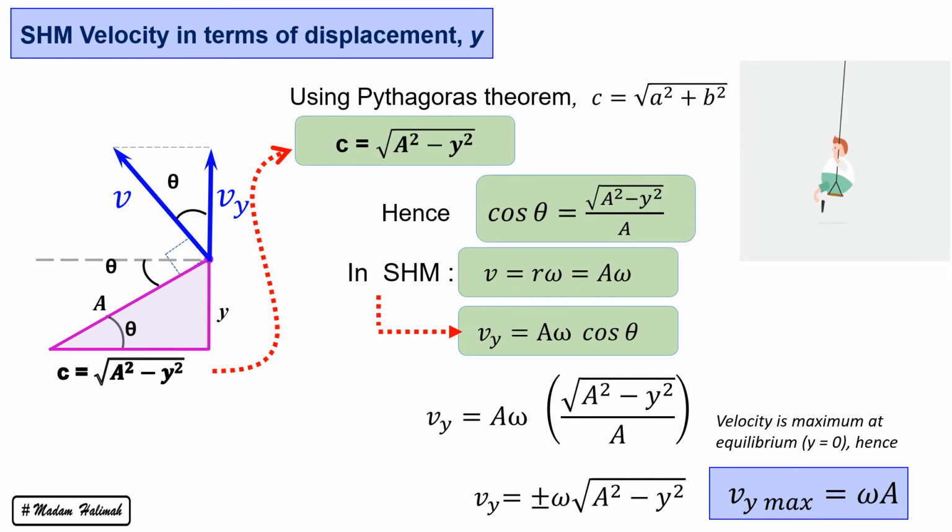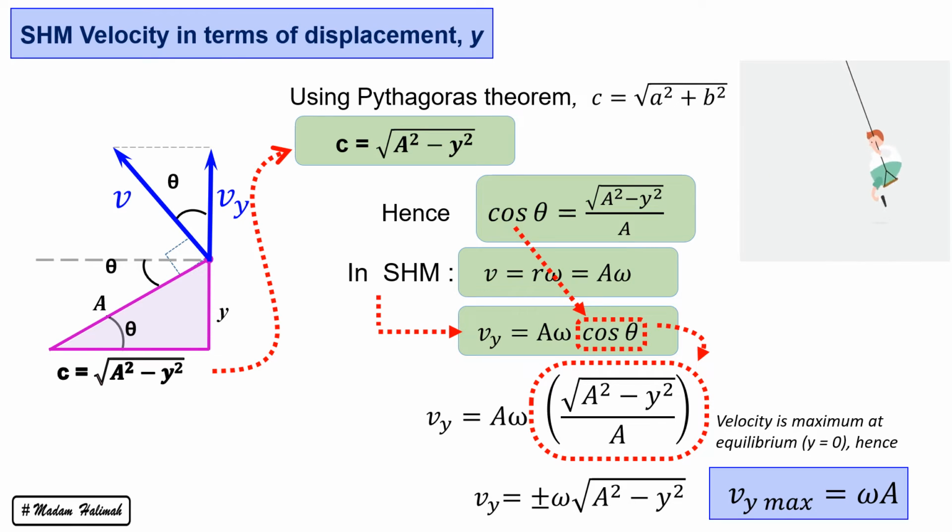Kita rearrange cos theta is equal to Vy over V untuk triangle warna biru yang melibatkan V, Vy and theta. Dan kita substitute V is equal to omega A. So, kita dapat Vy is equal to omega A cos theta. Okay. Now, kita masukkan nilai cos theta into equation.